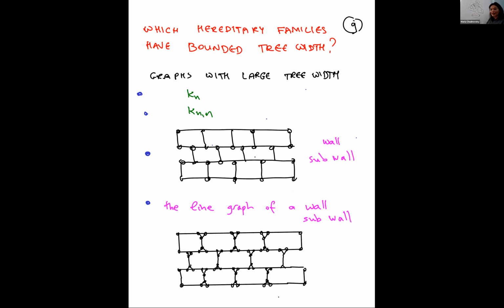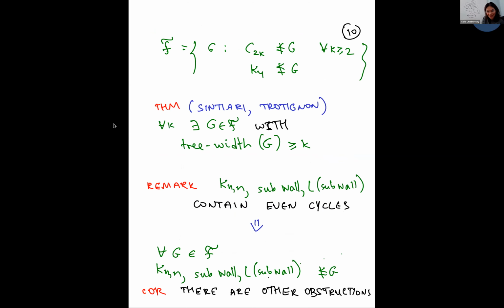That's called a theta, but the point about the theta is that 2 of these paths have lengths of the same parity, and that's an even hole. So if you don't have even holes, you don't have those, and there is a similar argument that you don't have this. So they showed that this initial collection of proposed obstructions is not at all sufficient.